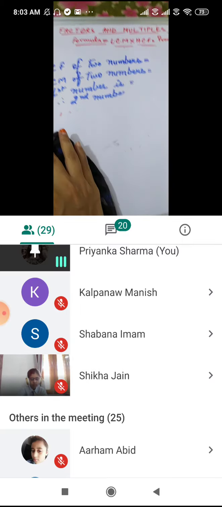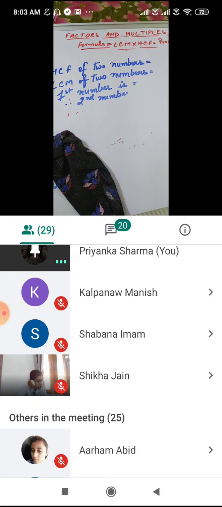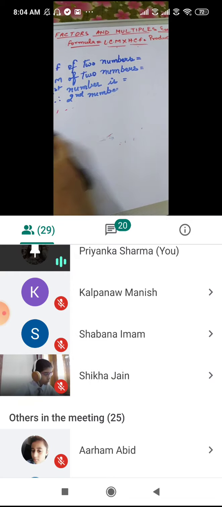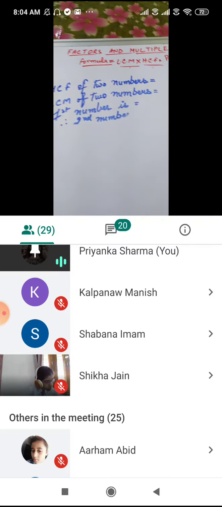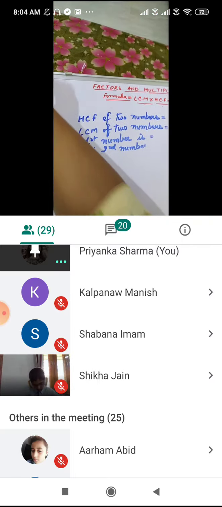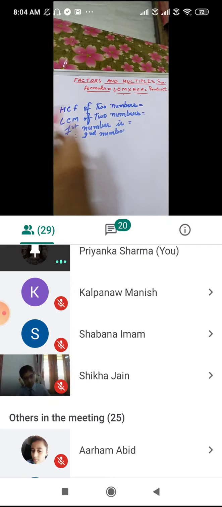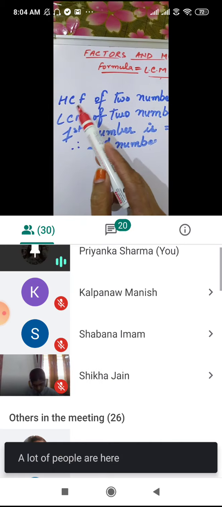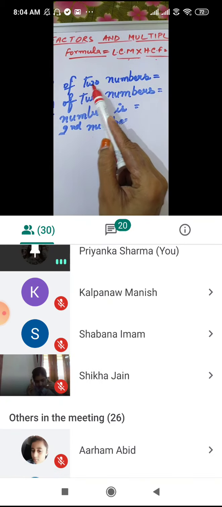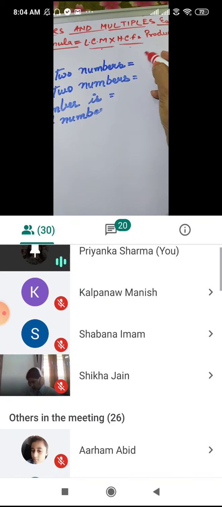Question 2 says the HCF of two numbers is 3 and their LCM is 120. If one number is 15, find the other number. It is also exactly the same type of question. So HCF of two numbers we are going to write in the same way. HCF of two numbers is equal to 3.